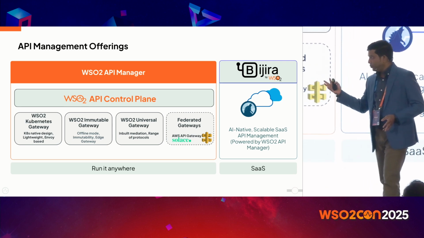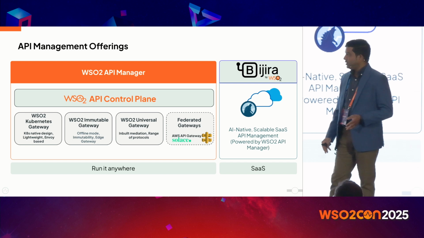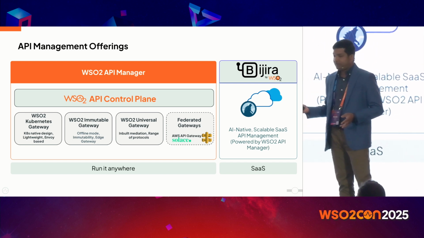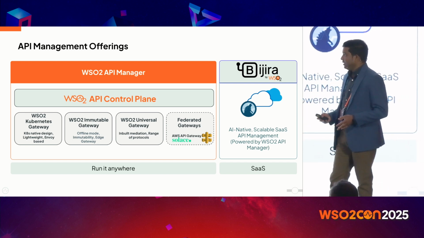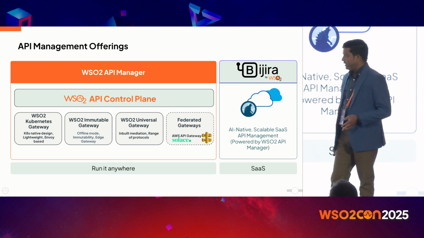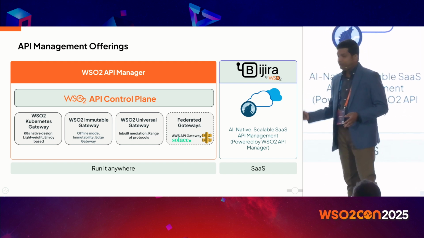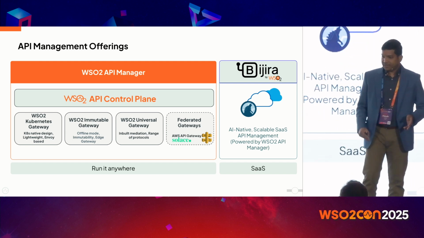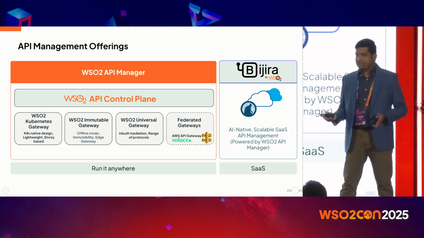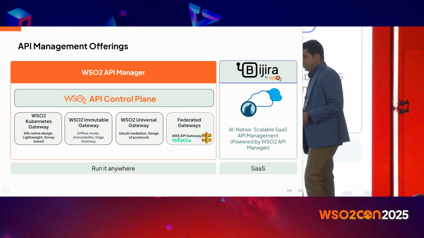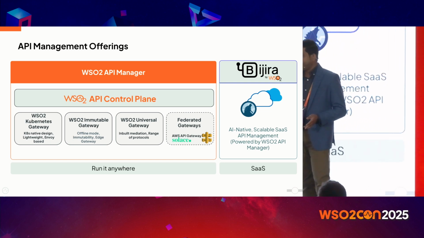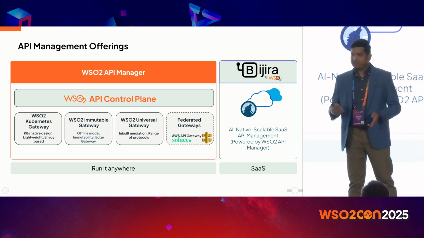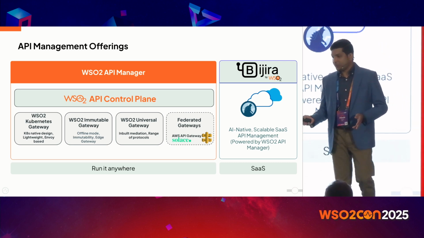This is a Kubernetes native, lightweight, Envoy-based gateway offering that we have. Then we have the immutable gateway, which is an offline mode immutable edge gateway. And then the third gateway is our universal gateway, which has inbuilt mediation and other protocol support as well.